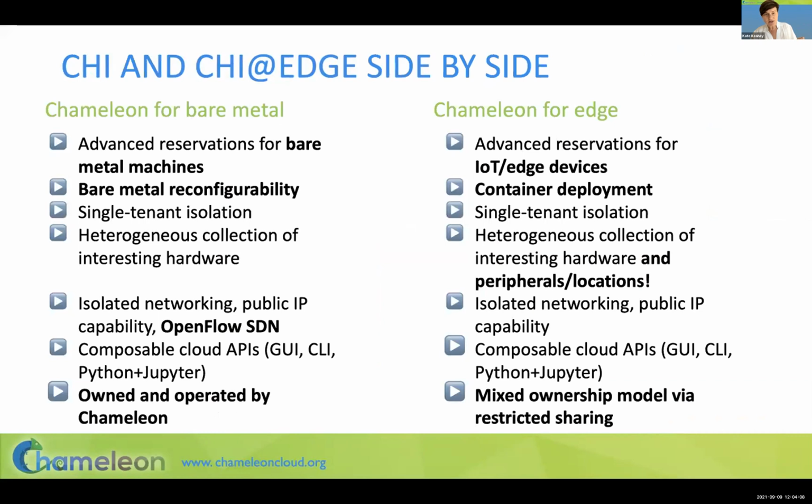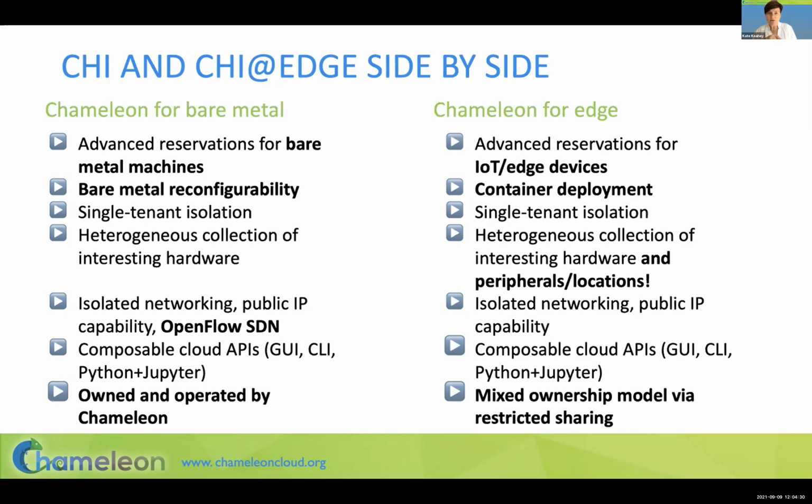And a little cheat sheet for those of you who are familiar with Chameleon and know what it supports. The main things to look at here is we went from bare metal reconfigurability, which of course we continue to support in our data centers for our cloud resources, to container deployment on our edge devices.